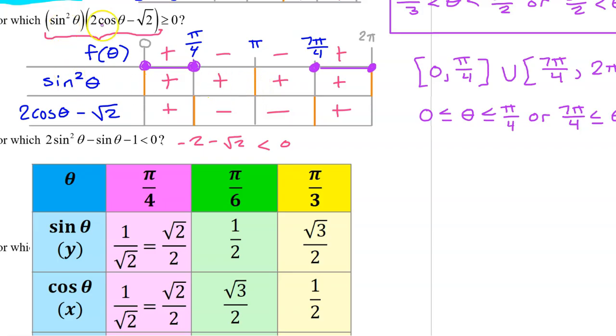And 0 times anything is going to be 0. So that means f of theta is equal to 0 right here at pi. That's another solution because we are looking for where f of theta is greater than or equal to 0. So we need to include pi in our solution set.